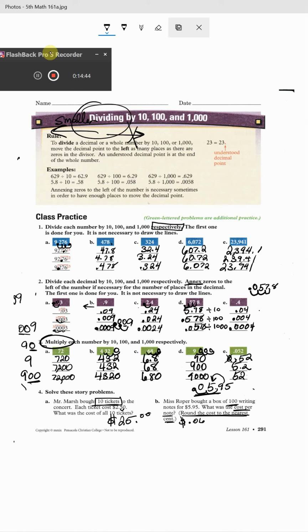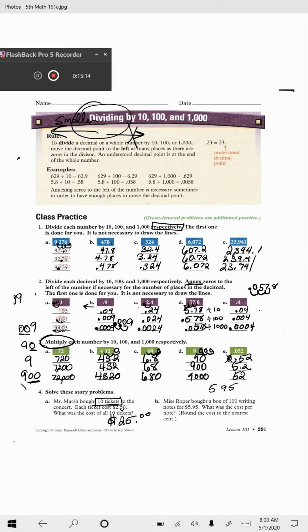Let me do that one more time, just because I don't have you in front of me to say, I don't get it. So you have a box that has 100 cards in it, and you paid $5.95 for the whole box. They want to know, how much does each card cost? Well, 100's a nice even number where we can do that by moving the decimal over. So we do 5.95 divided by 100, which means we move the decimal this way, and I get 0.0595.